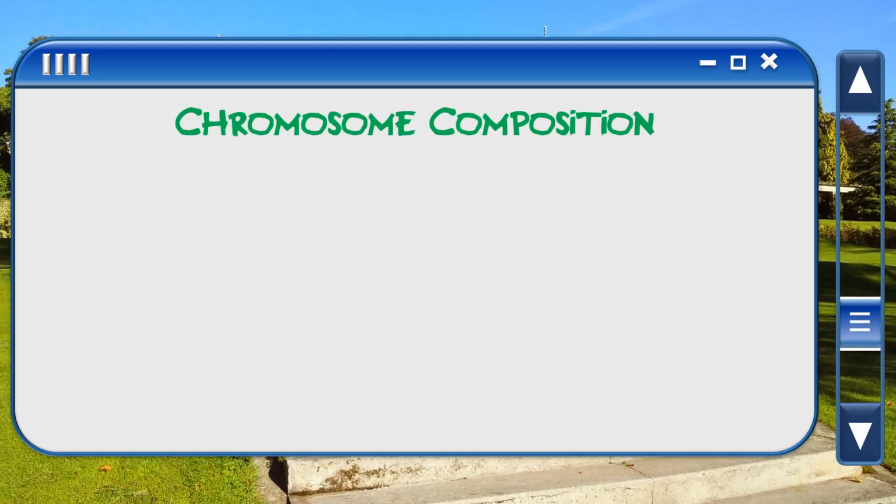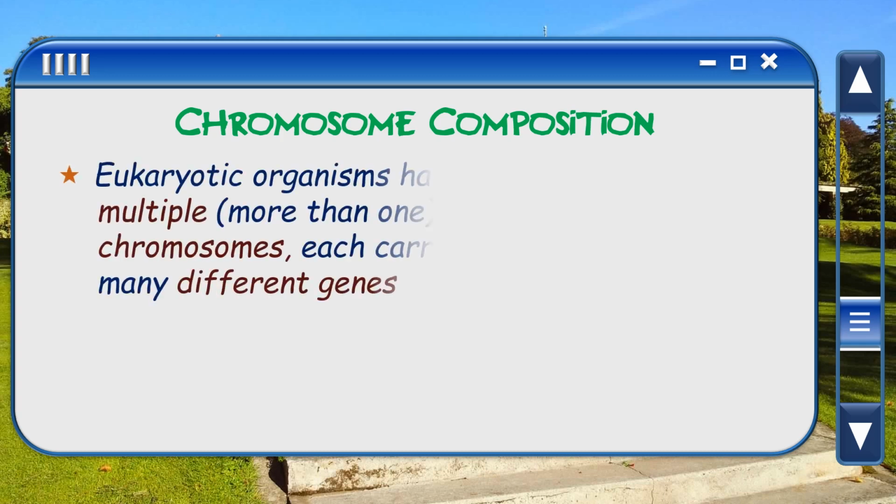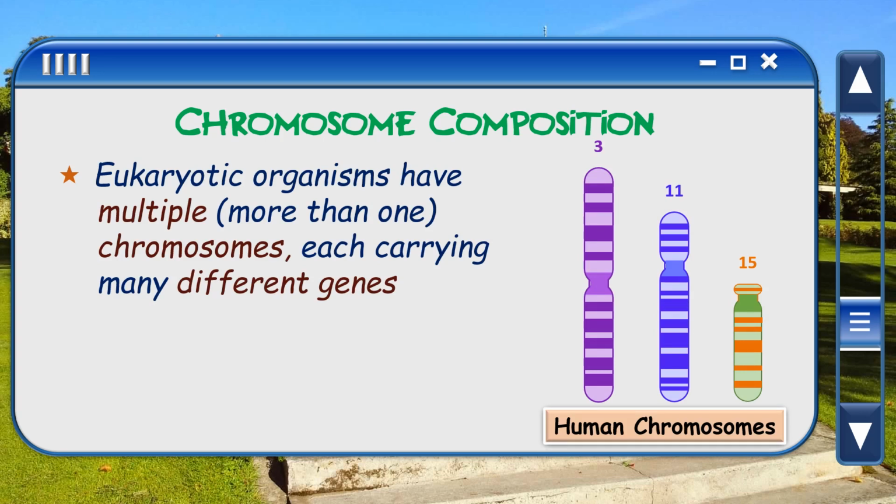Chromosome composition. We are looking at chromosome composition. Now, eukaryote organisms have multiple, that is more than one, chromosomes, and each one carries many different genes.